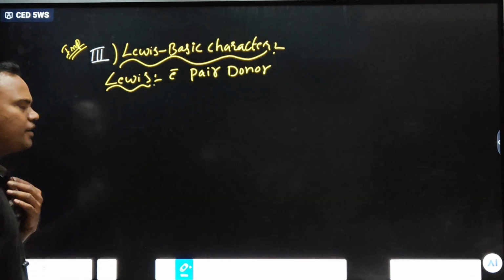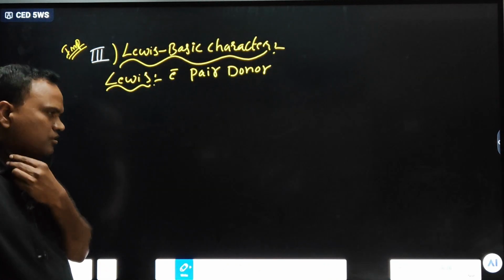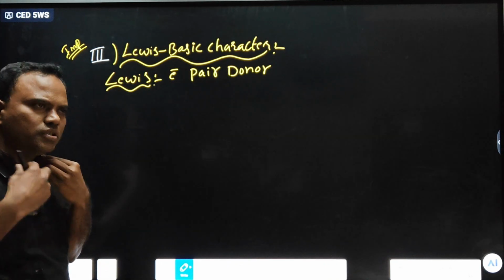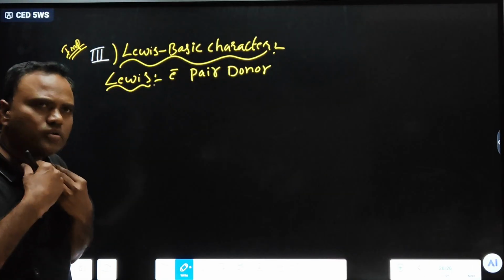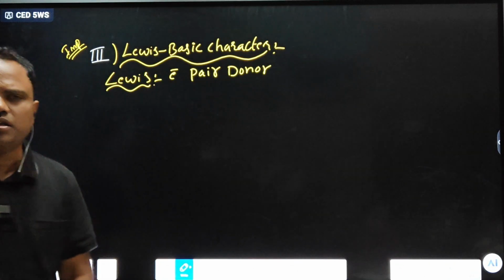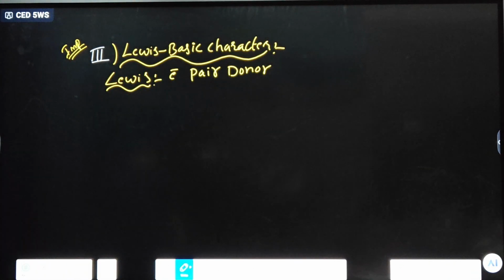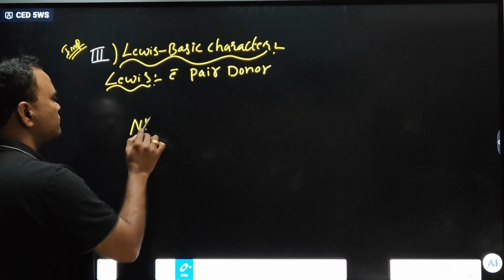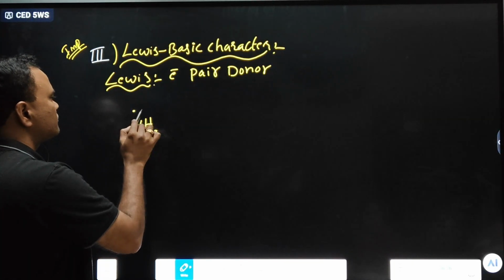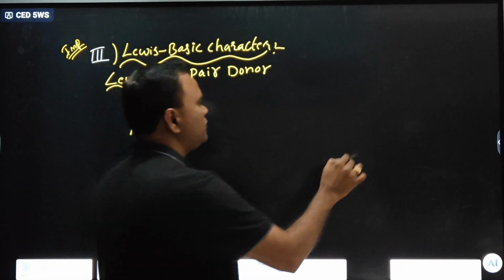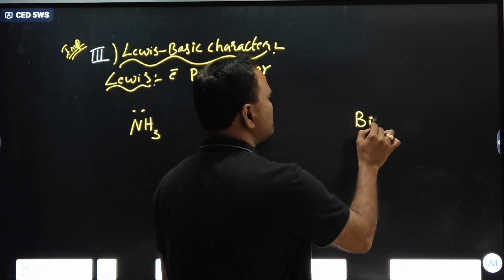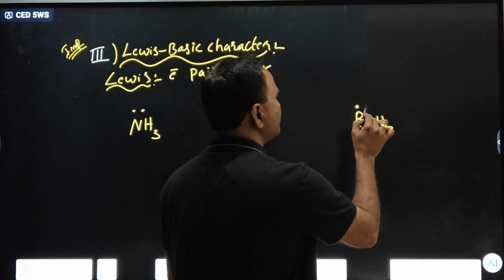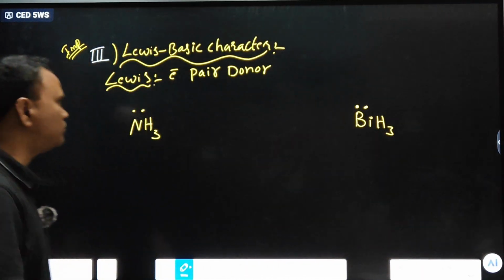See, which hydride donates an electron pair easily? I am taking NH3 and BiH3. Group 15 elements have one lone pair.